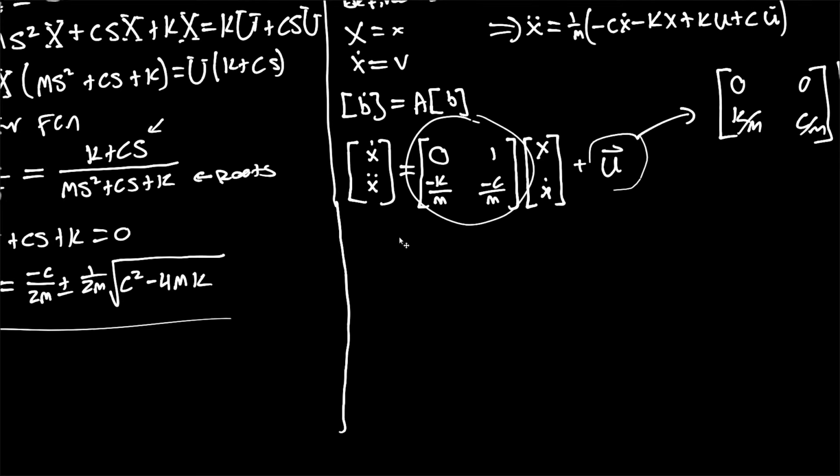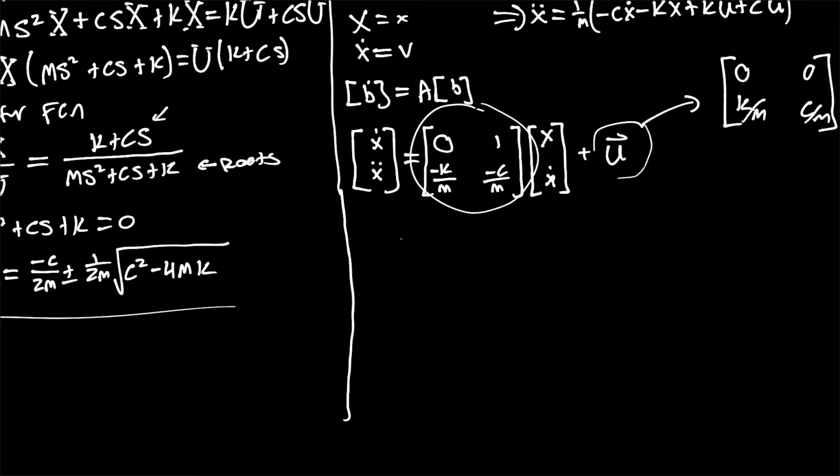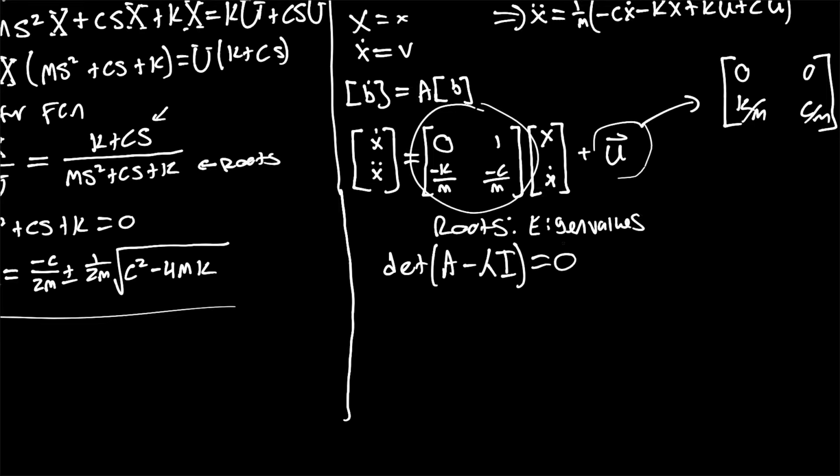So if we want to find the natural response of the system, what we're going to be doing is finding the roots of this matrix, which, from vector calculus, actually means we're going to be finding the eigenvalues. Now this is just how we find the eigenvalues themselves.